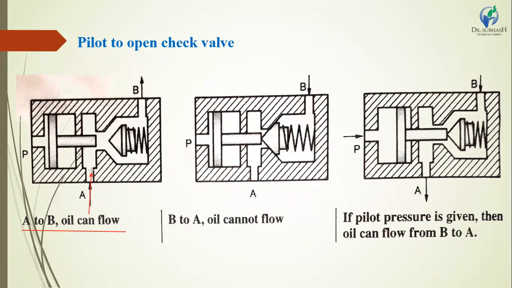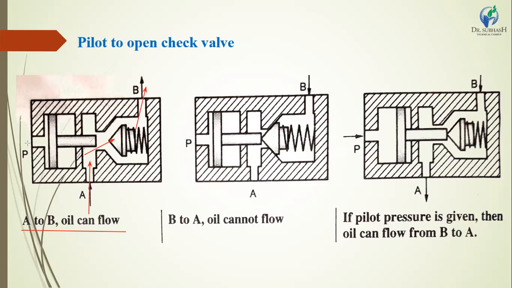Here the oil passes from point A and enters into the pilot operated check valve, then passes from B position and exits from this point. Here the conical poppet is not attached to this piston arrangement.